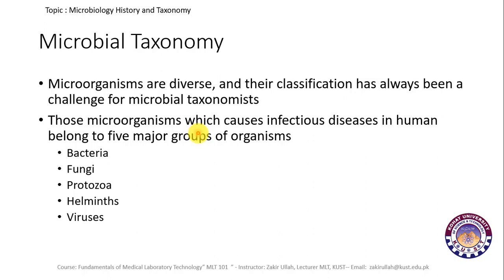On the basis of microorganisms which cause infectious disease in humans, microorganisms are divided into 5 different classes, the major groups of microorganisms. Bacteria are the unicellular prokaryotes, the second is fungi, the third is protozoans, then helminths and viruses. These are the 5 major groups in which microorganisms are divided.